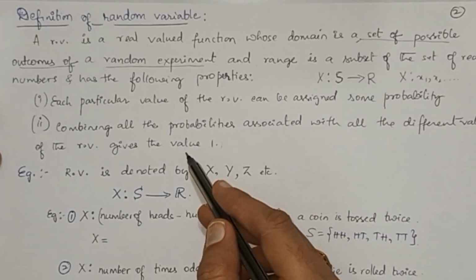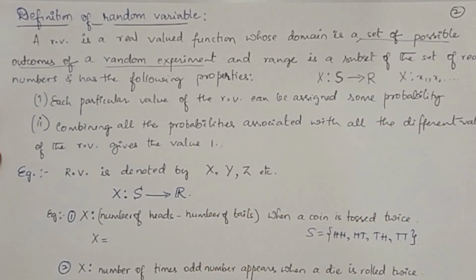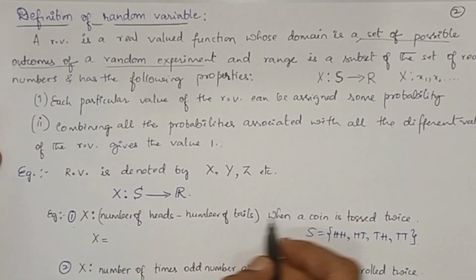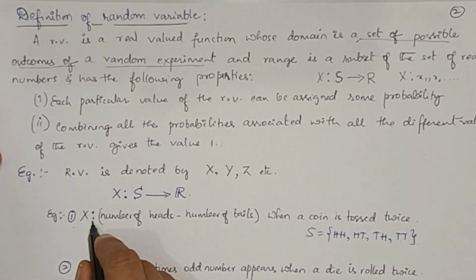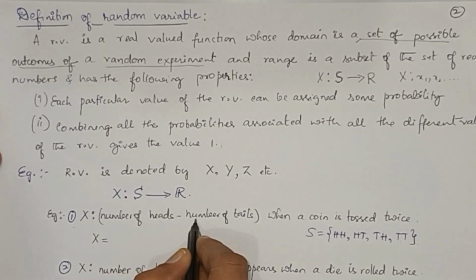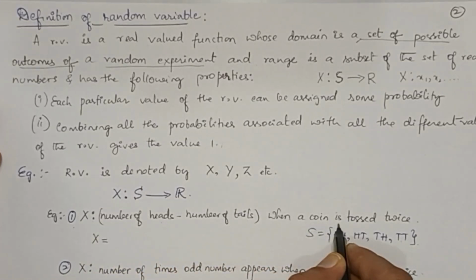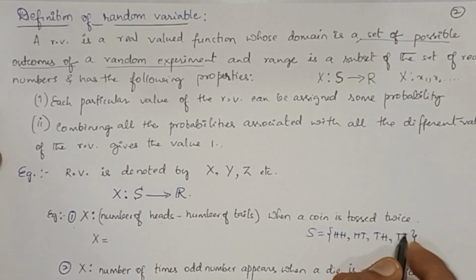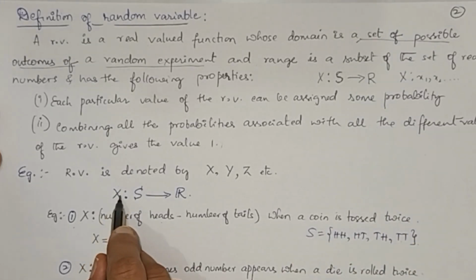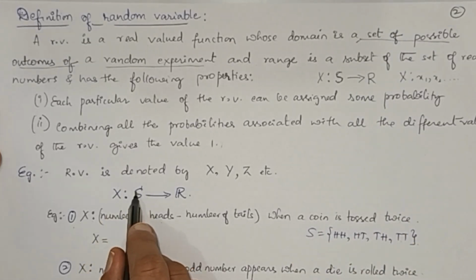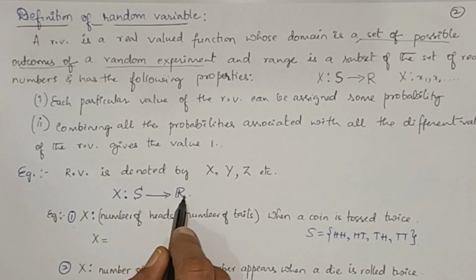Let me explain this definition with examples. See the first example: the random variable is the number of heads minus the number of tails when a coin is tossed twice. I told you a random variable is a function from the sample space to the real number set.